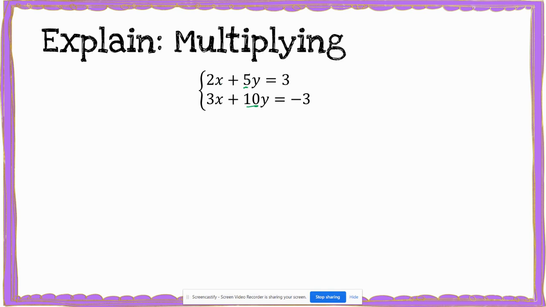Well, I know that if I multiplied 5 times 2, I would get 10. So if I want to get a zero pair, I can take this first equation and instead of multiplying by 2, I can multiply by negative 2. Now, if I multiply by negative 2, remember I want to multiply everything in the equation by that negative 2.